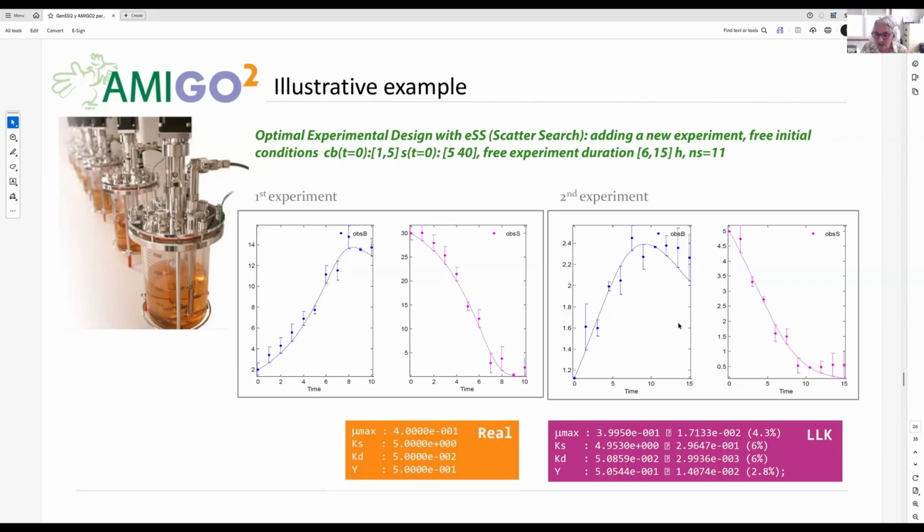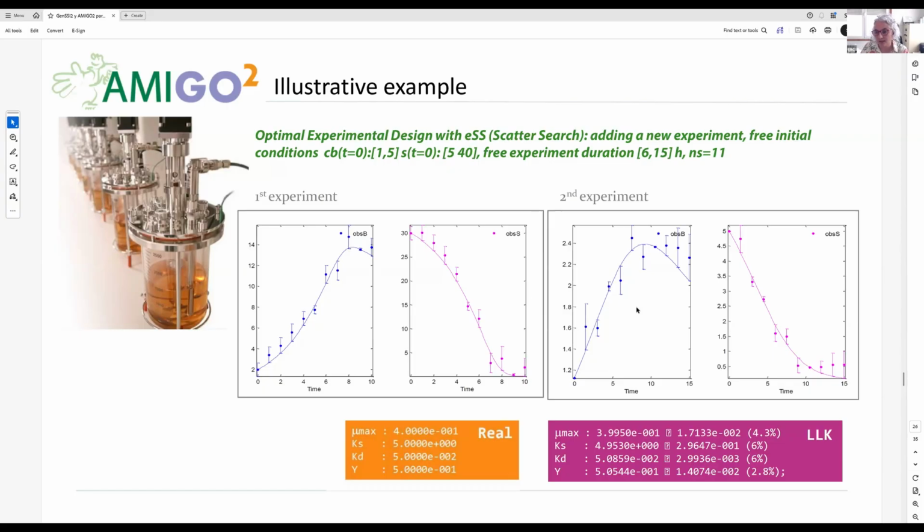In this particular case, we could have probably already designed the experiment without model-based experimental design, because if you see here, we had problems estimating the decay parameter, and this is because we only had two data in decay conditions. That makes it very hard to estimate the decay parameter with only two data.